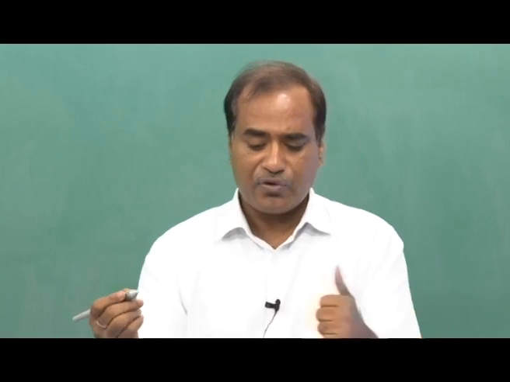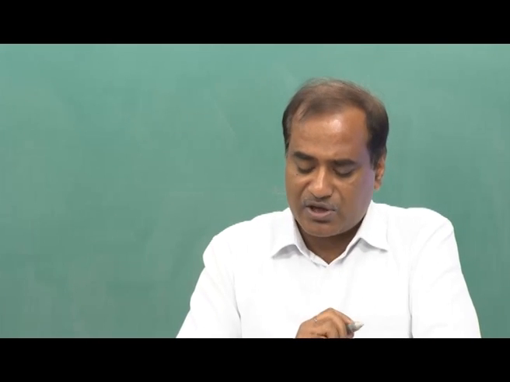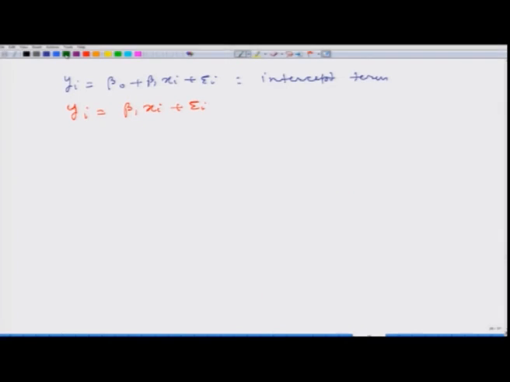Right. So, what is the interpretation here of yi? If I write down the model in terms of expectation, if I have the intercept term, the model is like this, with intercept term, and if I do not have the intercept term, the model is something like beta 1 xi. So, what is the interpretation of beta 0?